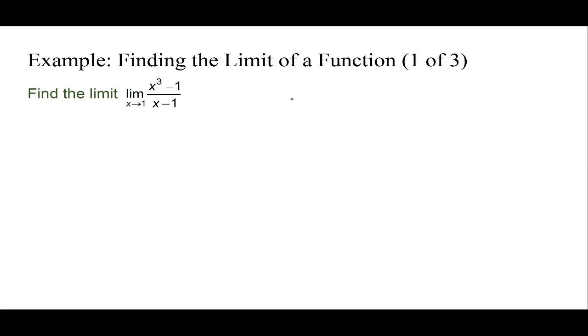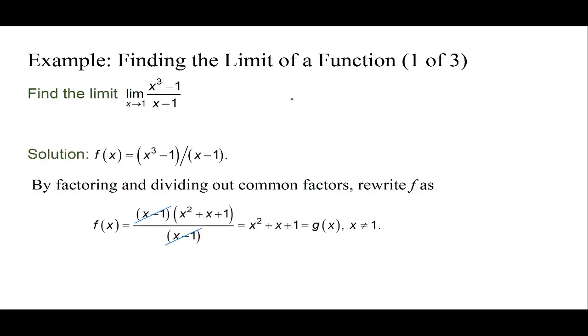I'm going to give you one example here. Let's assume that you have the function x cubed minus 1 over x minus 1. This function can be simplified. We can factor the top as x minus 1 times x squared plus x plus 1. And we can cancel the x minus 1 on the top and the x minus 1 on the bottom.